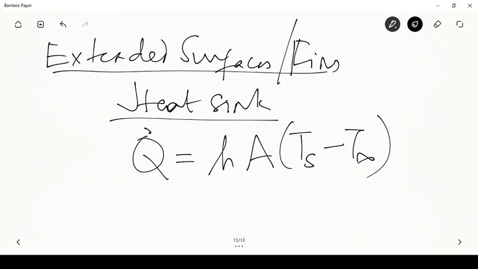Now this value of h depends on what kind of fluid and what kind of flow arrangement we have maintained around the object that needs to be cooled, and depending on these and the constraints on these, the values of h get restricted. I can give you simple figures.